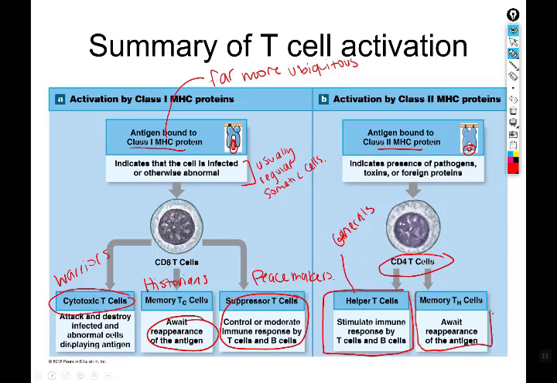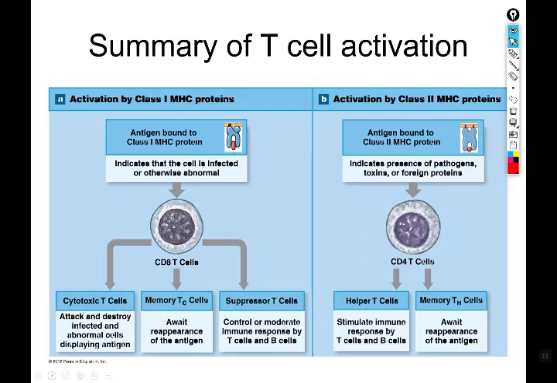And memory helper T cells, which are going to work with the memory cytotoxic T cells to remember the pathogen for next time. Please also remember that helper T cells in particular are also going to be able to activate the humoral immunity side of things and initiate the production of, for example, antibodies in addition to the action of cytotoxic T cells.